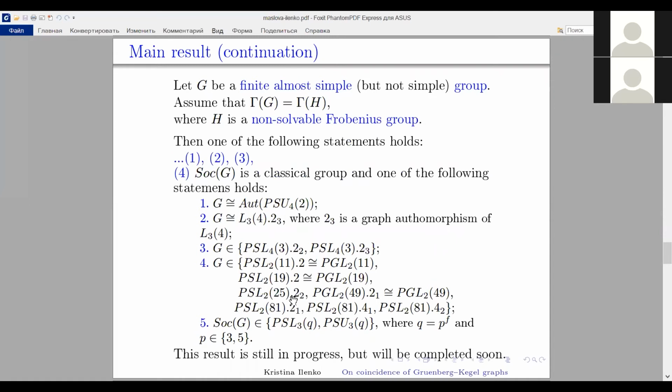For classical groups, we obtained that either G is isomorphic to one of the groups listed in items 1 to 4, or G is a so-called small group, PSL3(q) or PSU3(q), for which the statements on the slide are true.